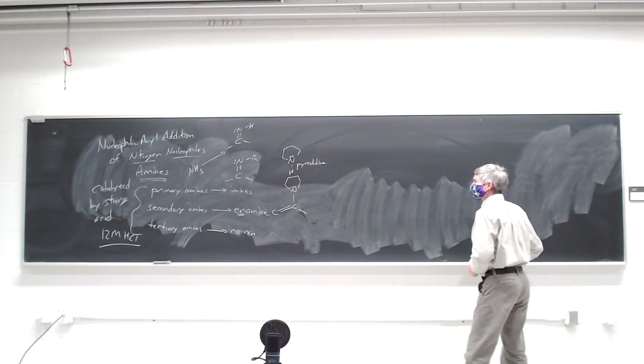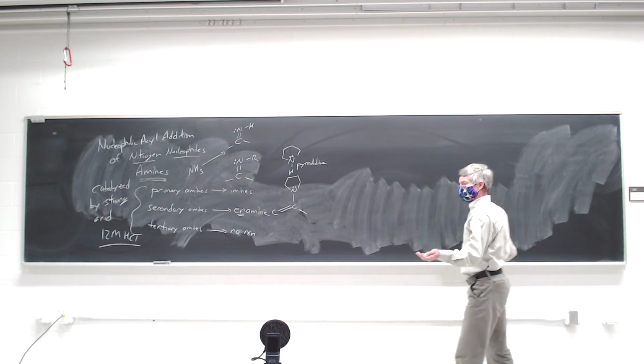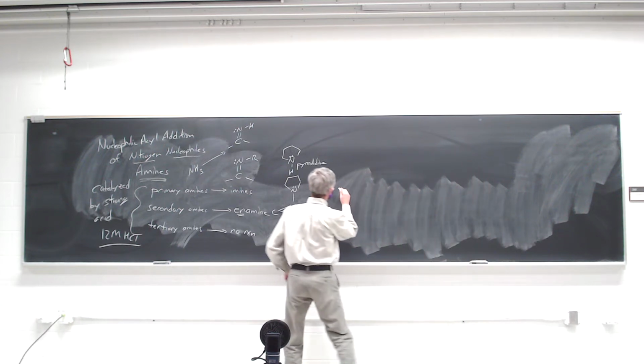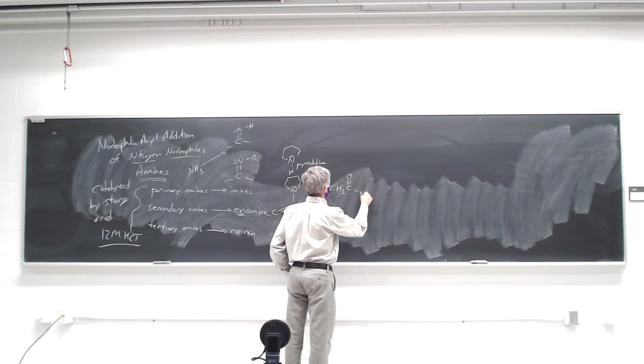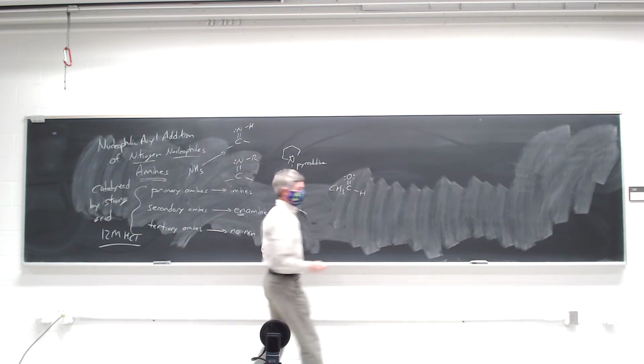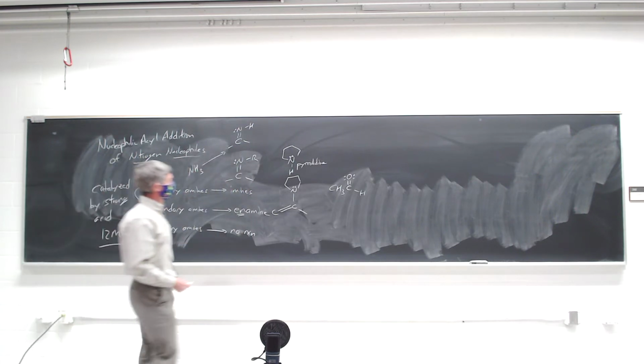So let's think about what the mechanism would look like for a generic carbonyl compound. And just to make it quick and easy to write, let's use a really simple one: acetaldehyde, or ethanal.